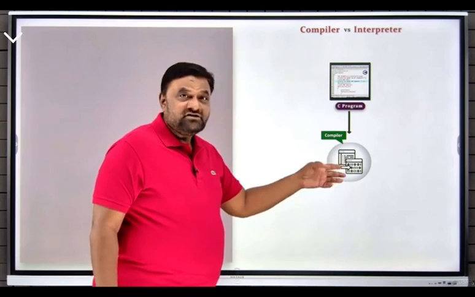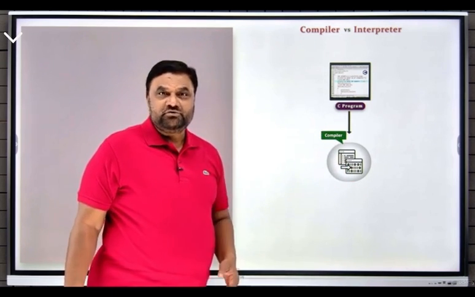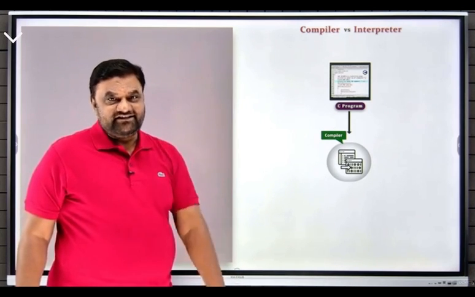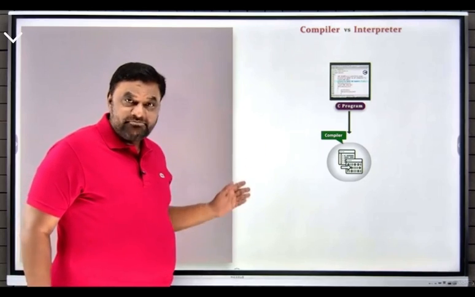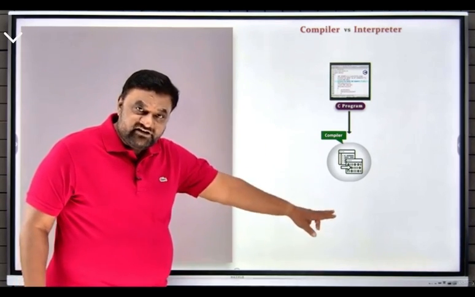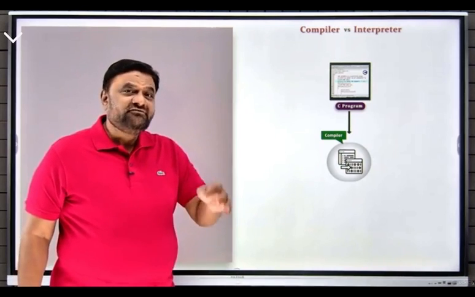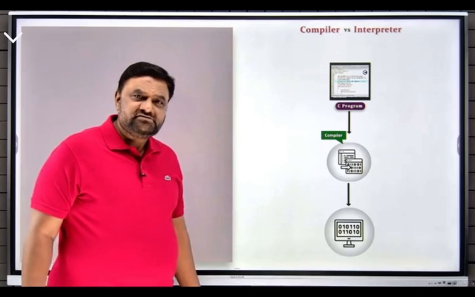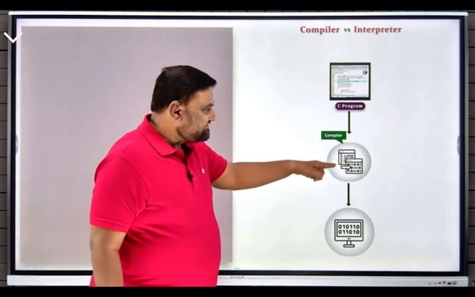It will convert the source code into machine code. It gives a separate file. So it gives a machine code file, like the compiler was giving an English version of the recipe. So here it gives the machine language file separately, and that you can execute on the machine. So this translation is done here.